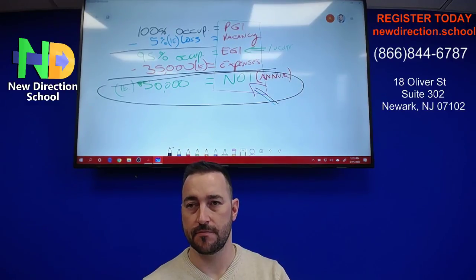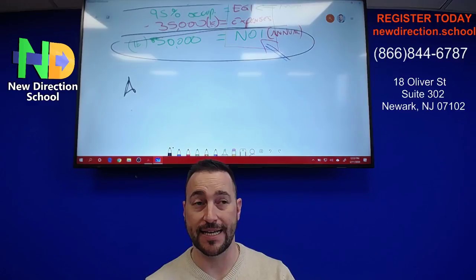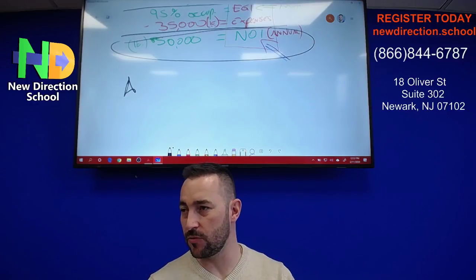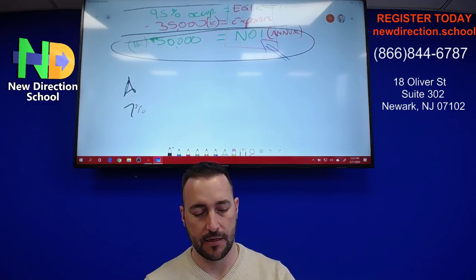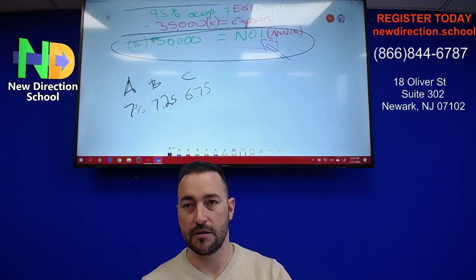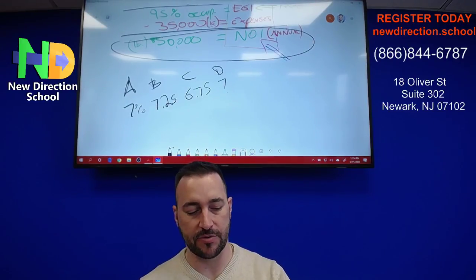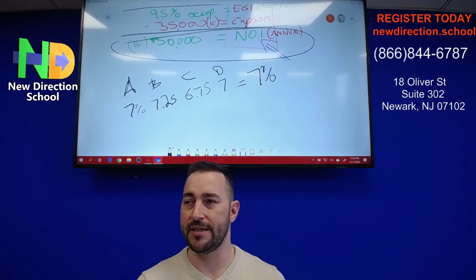50,000, right? We're going to look at property A, the cap rate for property A after we checked the comparable sales: the cap rate is 7%. Property B, the cap rate is 7.25. Property C, the cap rate is 6.75. Property D is 7% as well. If you look at the average, as an example, let's say the average is 7%, then that's what is acceptable in this area.